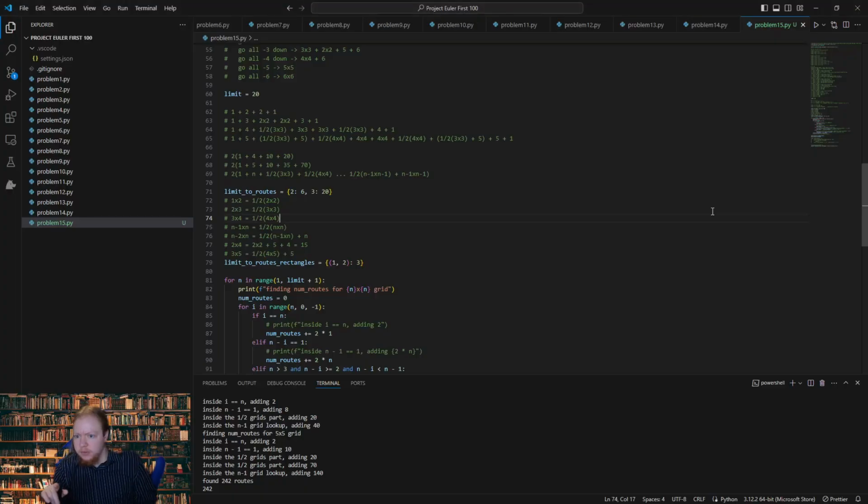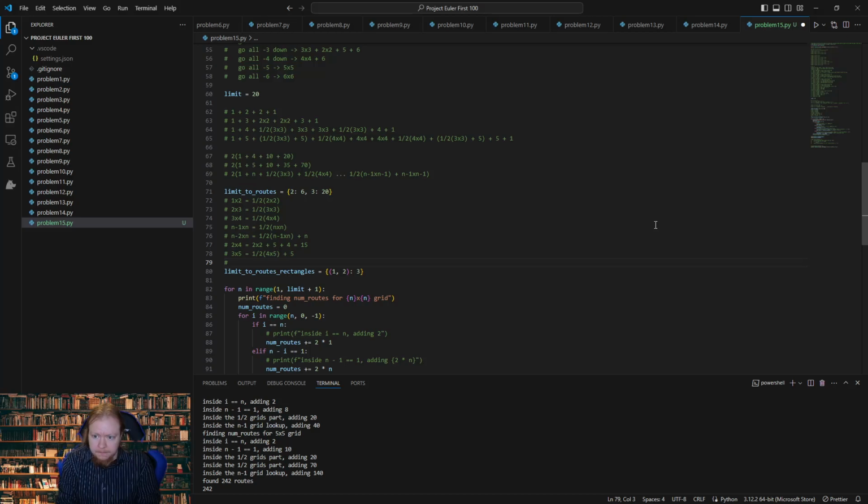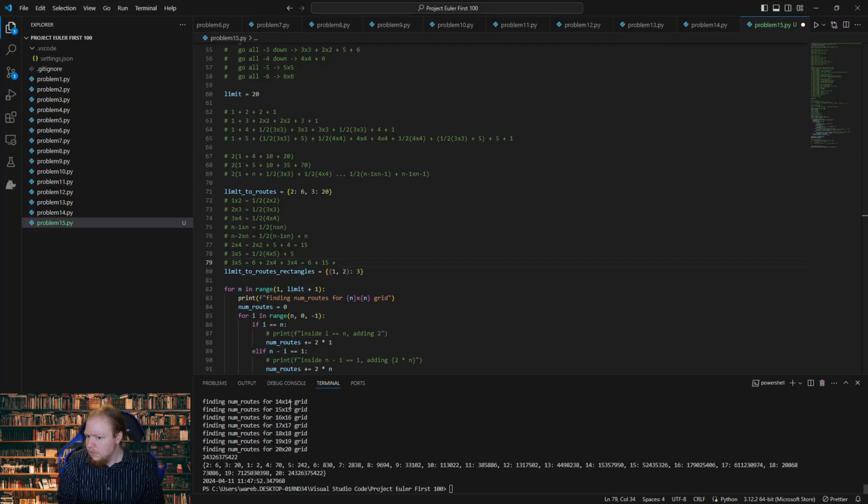Come here, we're in our 2 by 4, which we calculated as 15, so 6 plus 15 plus, this is actually a 3 by 4. Or 6 plus 15 plus, what's a 4 by 4? 35.